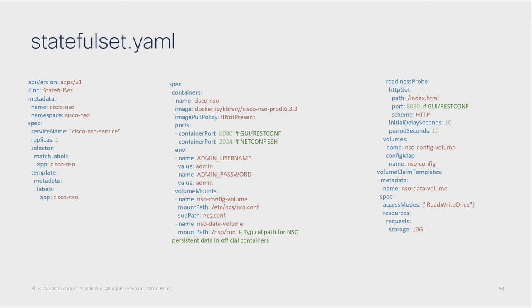Then let's move on to the right-hand side, where we're actually referring to these volumes that we are going to make available to the pod. The first section is where we're referencing back to our config map that we created earlier. That is then followed by our volume claim for our persistent volume that will contain the runtime directory.